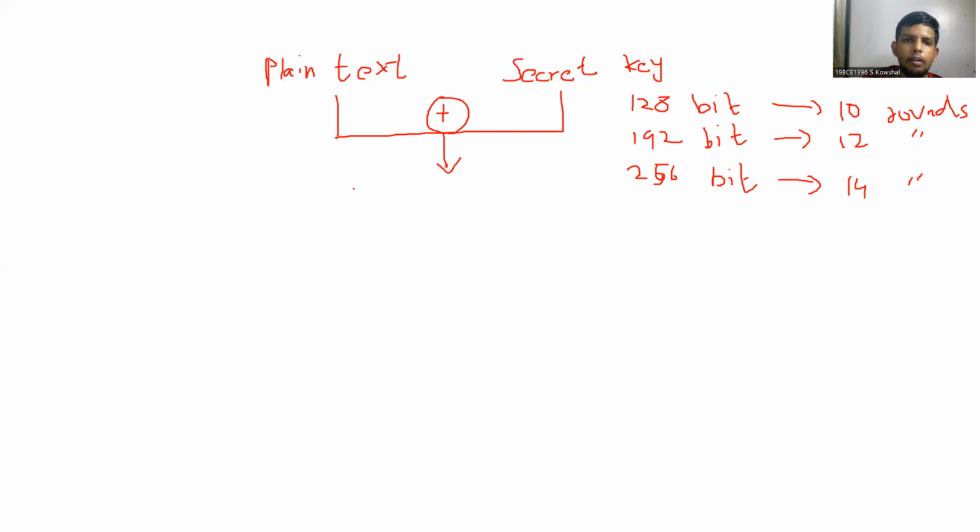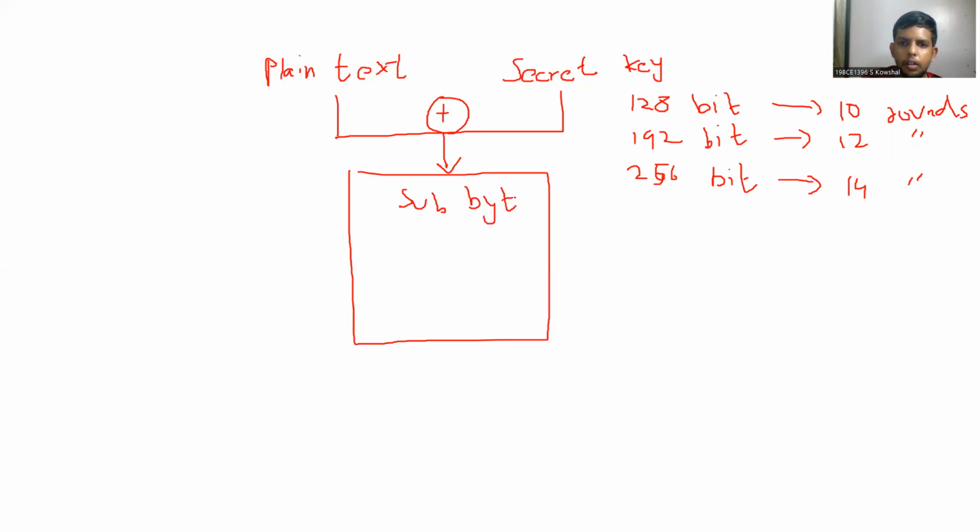Now, after I get the output, I enter my n minus one rounds of operations. First is SubBytes, then I have ShiftRows, then I have my MixColumns, and I have my AddRoundKey.